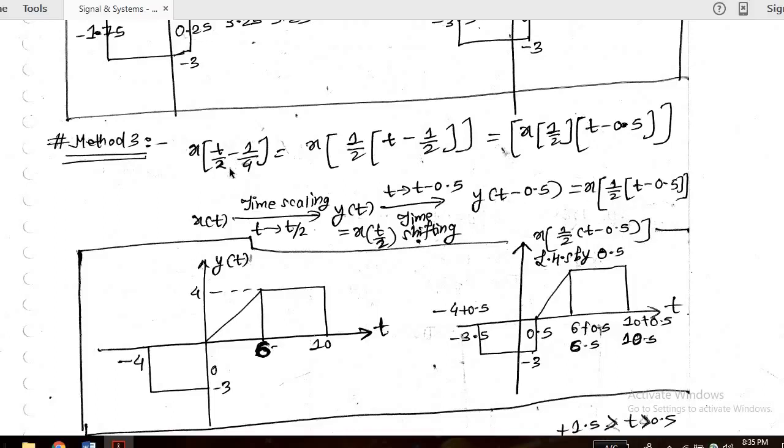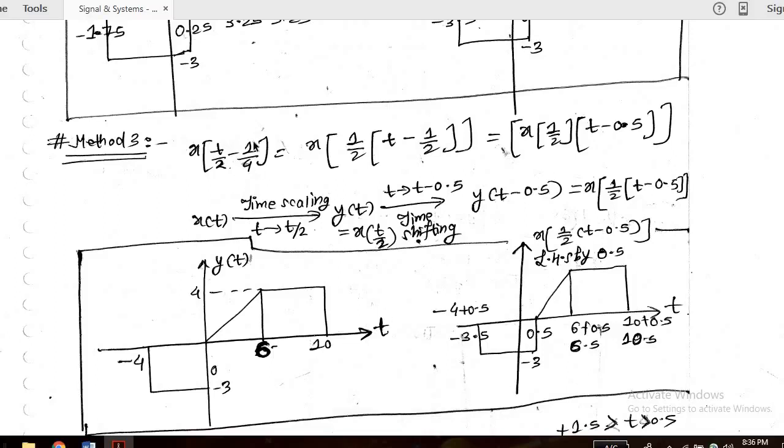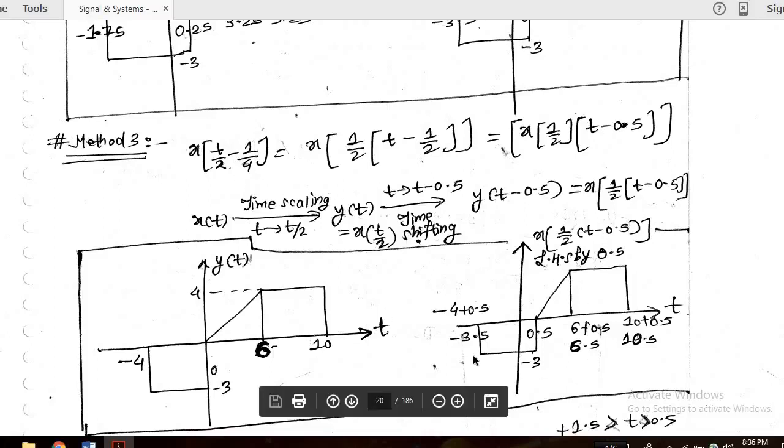So my actual signal x of t by 2 minus 1 by 4 should be shifted by 0.25, but I have already multiplied my time axis by 2. Now if I just shift by 0.5 only, it is equivalent to shifting by 1 by 4, because the time expansion has occurred here.